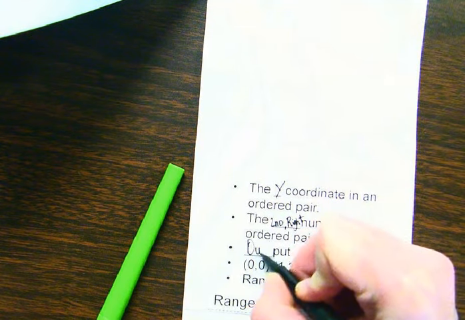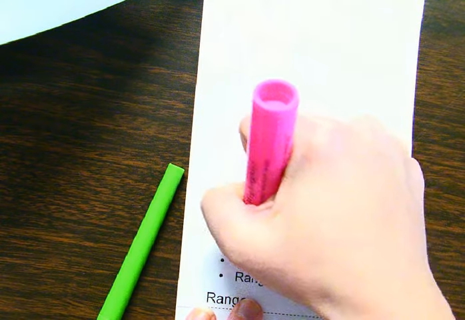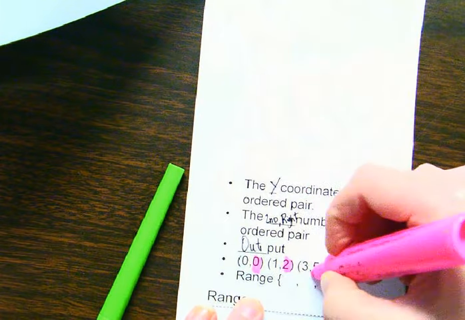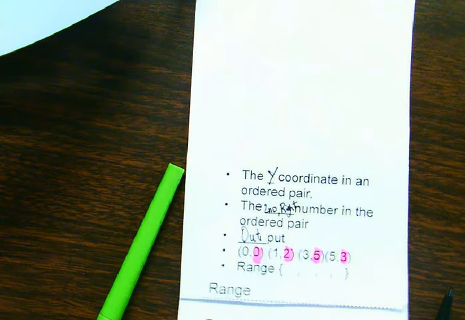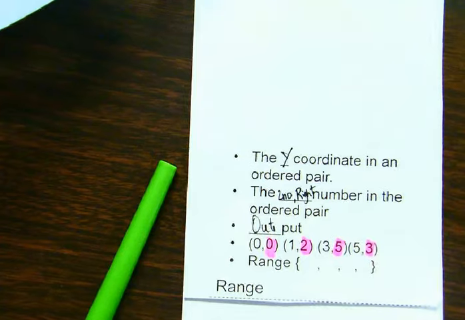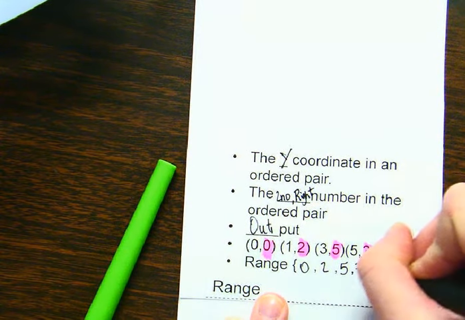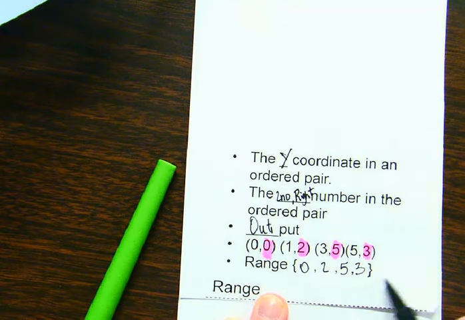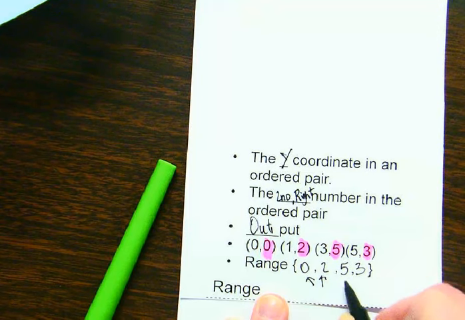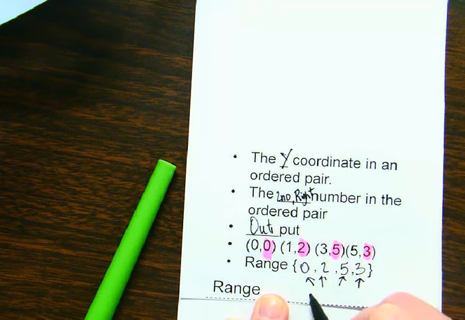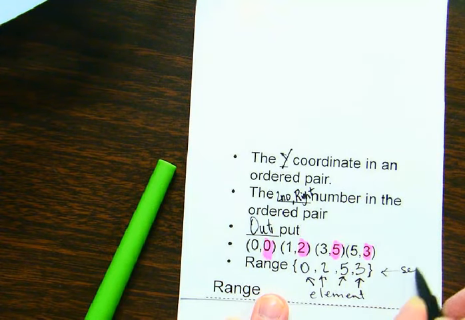It is the output, which in this one would be 0, 2, 5, and 3. So writing that in set notation would be 0, 2, 5, and 3. So this is the range set, and each of these little guys is called an element. And this whole thing is a set.